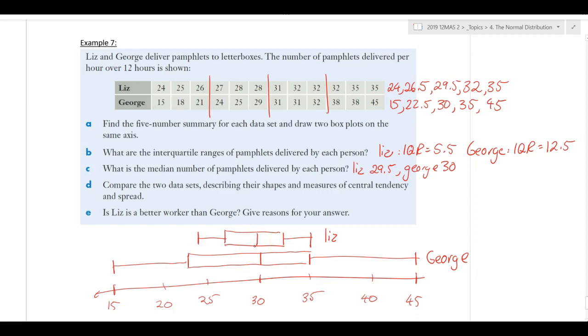Compare the two data sets describing their shapes and measures of central tendency and spread. Look, I could say that George has a higher median than Liz, but I think it's fair to say that the medians are similar, right? The medians are similar.